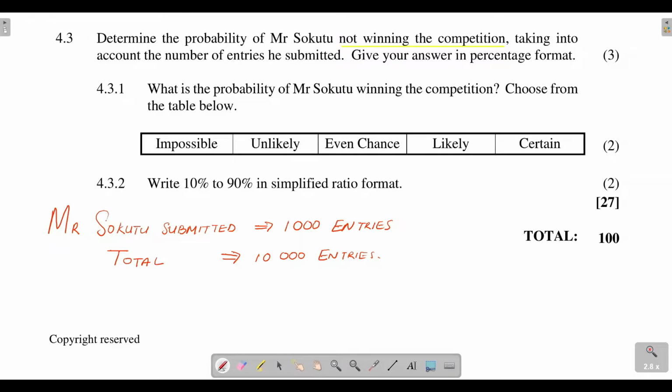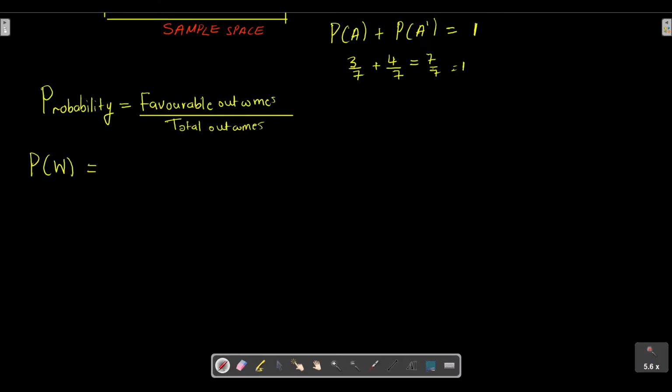So the favorable outcomes are the 1,000 entries out of the total outcomes of 10,000 entries that they received. If you take 1,000 and divide by 10,000, what do you get? You will get 1 over 10. So that is the probability of Mr. Sekutu winning the competition.